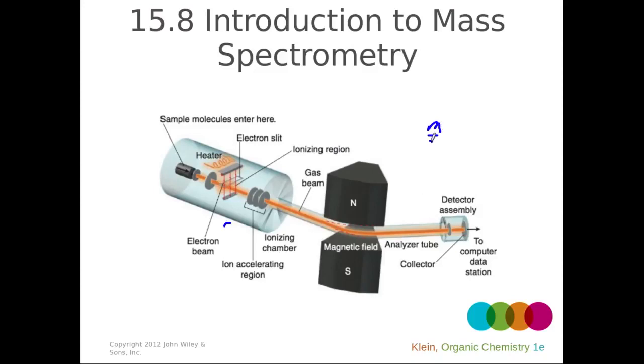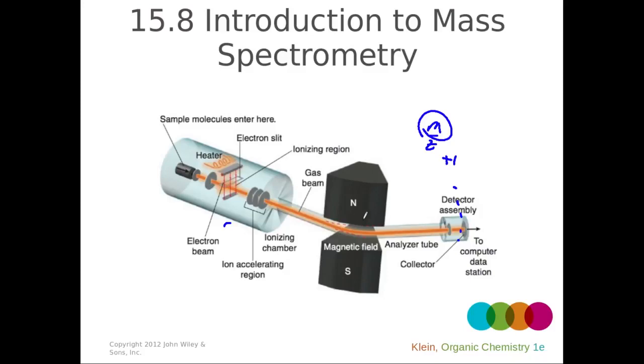charge ratio. So remember, these are ions, and normally the ion is going to be in a +1 state. And so if the ion has a +1 charge, then mass divided by 1 is just going to be the mass. And so we get the mass of those ions hitting the detector at different points in our spectrum.